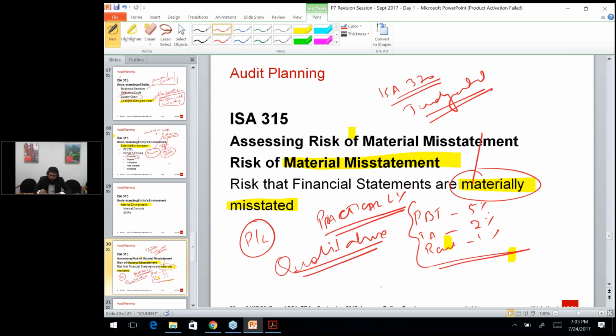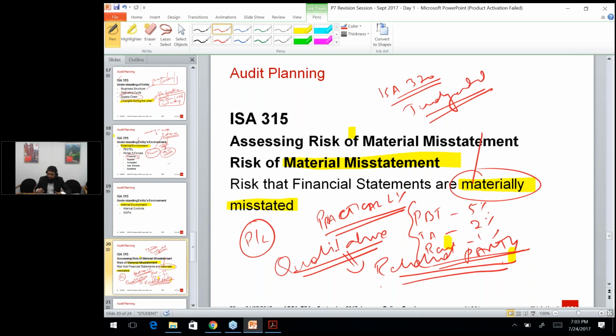You will ask, what is a qualitative basis? For example, if there is a related party transaction, even if the thresholds are not met, we will always think that such transactions are material.